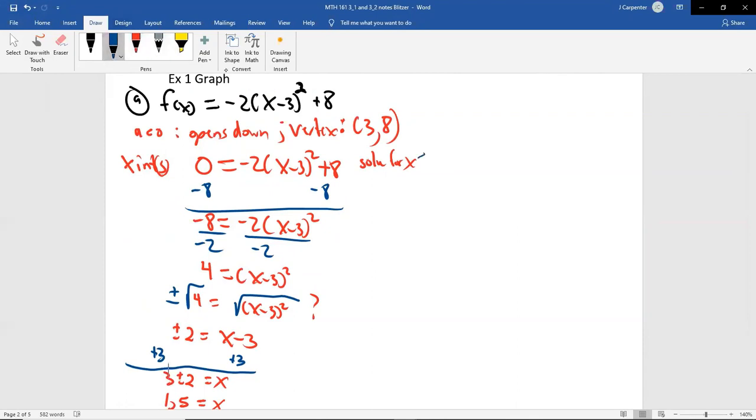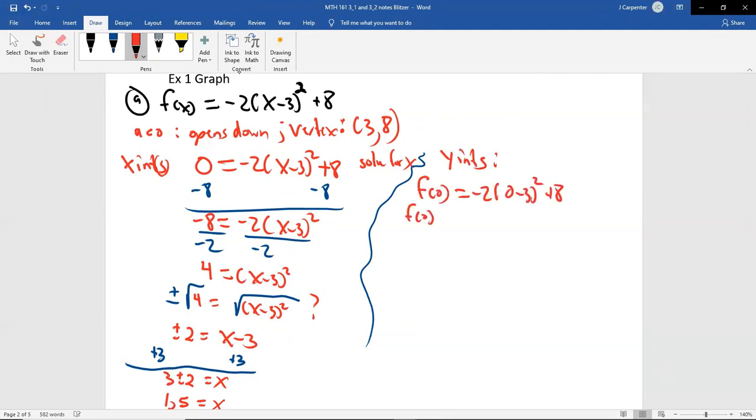Now let's do our y-intercepts. That's where we just find f of 0. We're making the x value 0 this time. So that's -2 times 0 minus 3 squared plus 8, which is -2 times -3 squared plus 8. Do not multiply first.